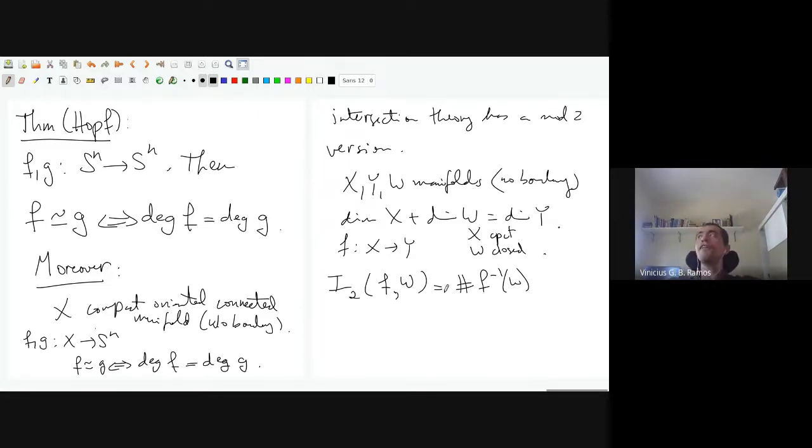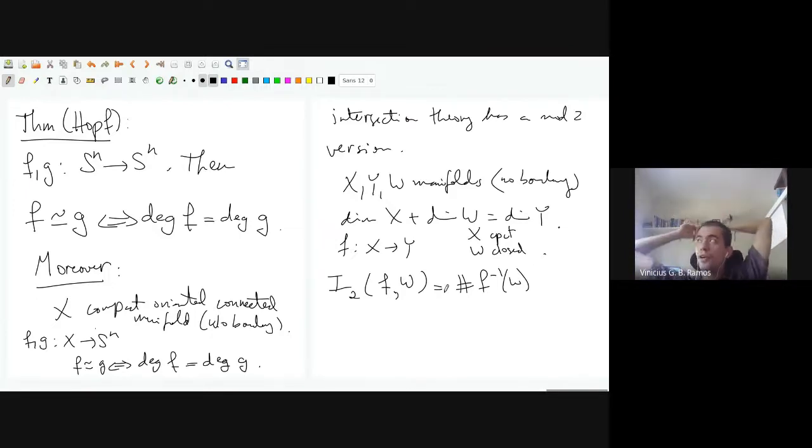And the point is that everything is still going to work, because to prove homotopy invariance, remember what we did: if we had a homotopy between two functions, then you look at the preimage of the regular value by the homotopy, and you get a compact one manifold.